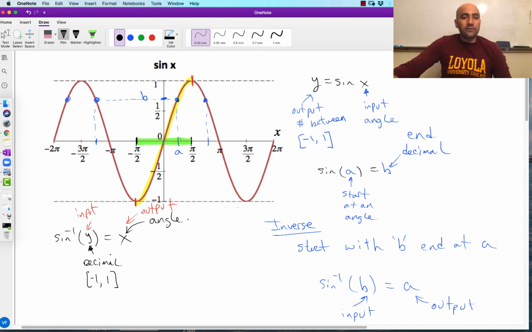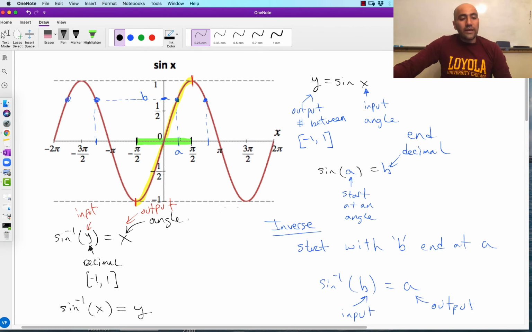Just dummy letters, it doesn't really matter whether I call it an x or a y. We usually like to flip that around and call this the x because it's the variable of the domain, the input of this function, and the output is y. But regardless of how you call it, we still have the same thing.